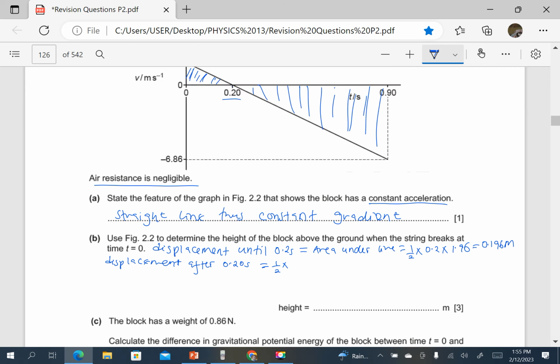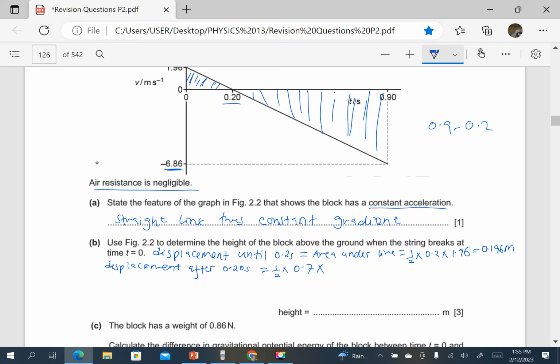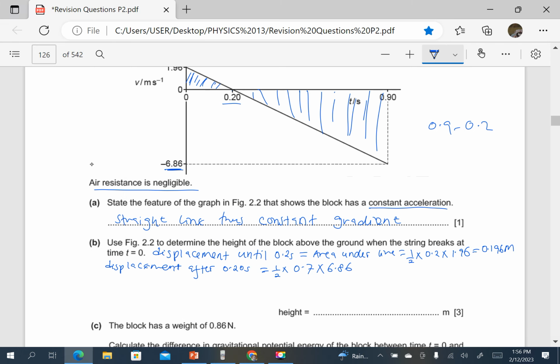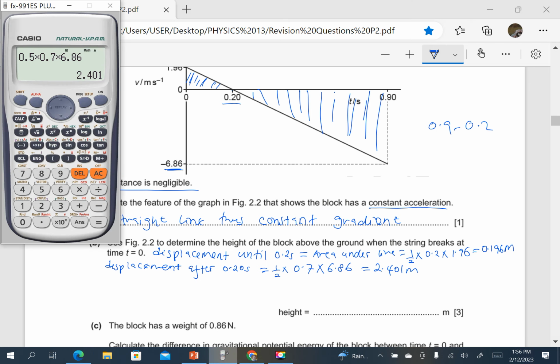The base is going to be 0.9 minus 0.2, which is 0.7, and the height is 6.86. So that is 0.5 times 0.7 times 6.86, which is 2.401 meters. Yes, 2.401 meters.